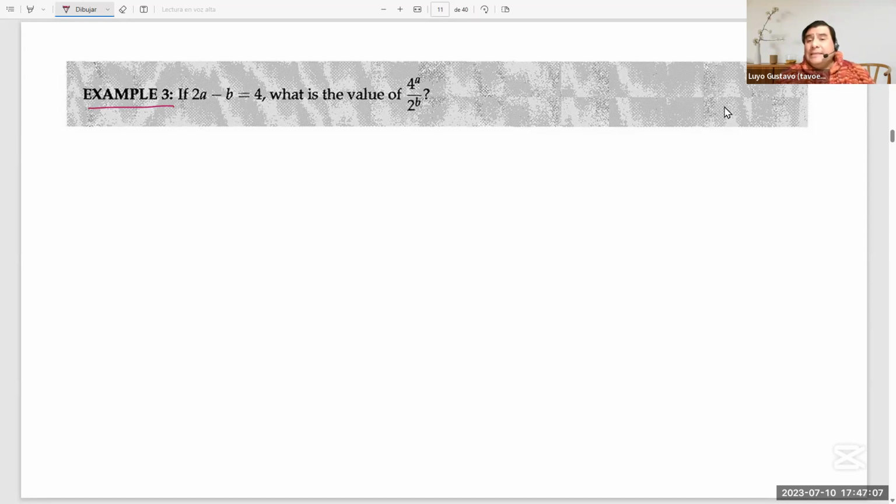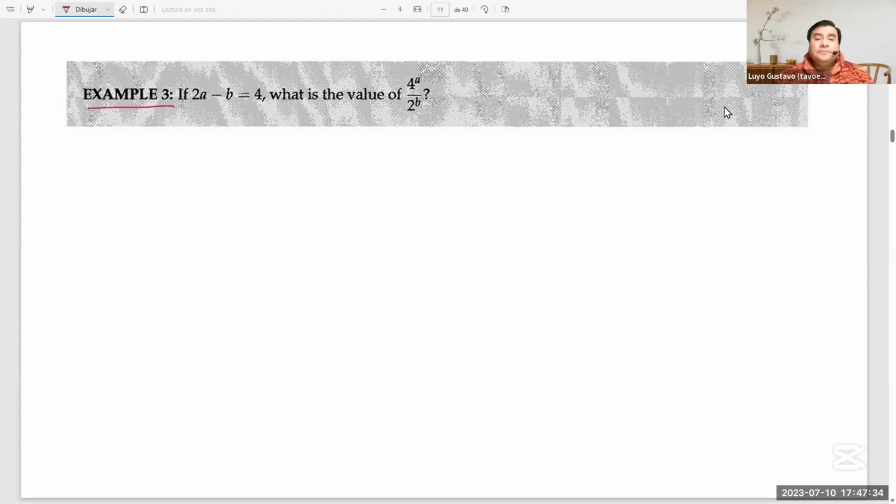Please remember that in the SAT, when they ask you in a question about the value of some expression, value always means numerical value. It's a number, right? Not a variable or an algebraic expression. It must be a number. So the result or the response to this question must be a number, okay?